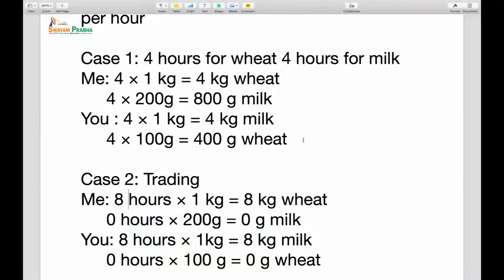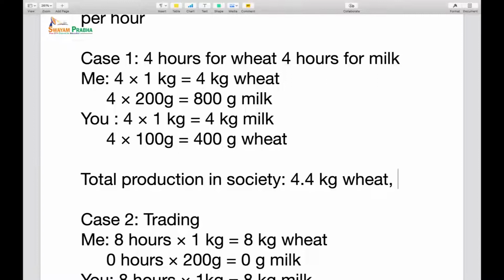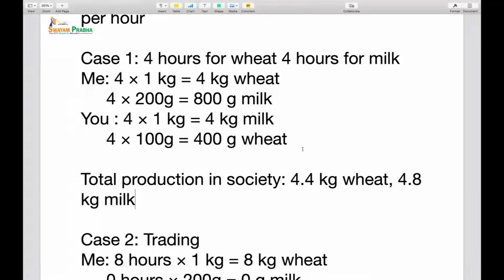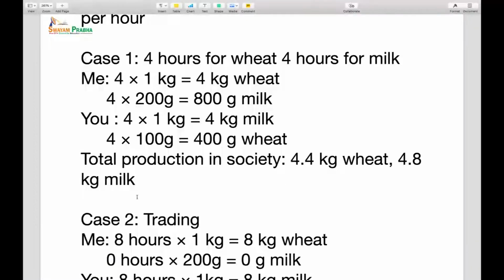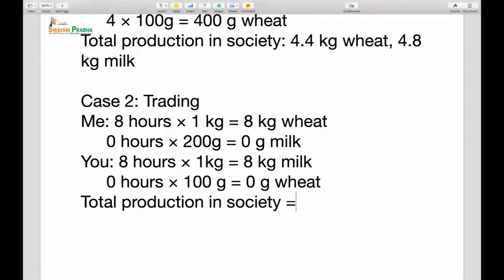Now in the first case, the total production in the society was 4 kg of wheat and 400 grams of wheat, which is 4.4 kg of wheat, and 4 kg and 800 grams, which is 4.8 kg of milk. So this was the total production in the society in case 1. Whereas in case 2, the total production in society is 8 kg of wheat and 8 kg of milk.